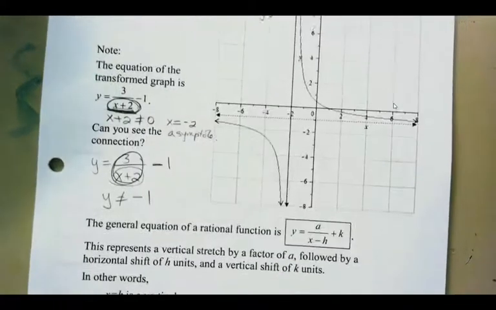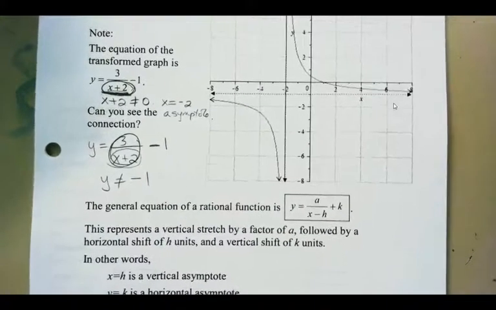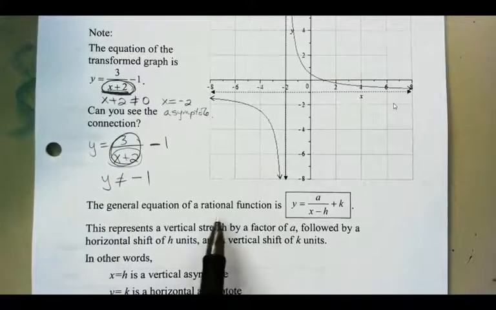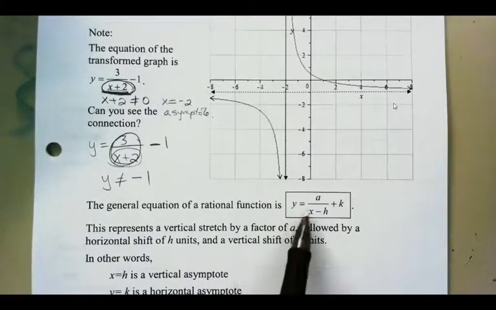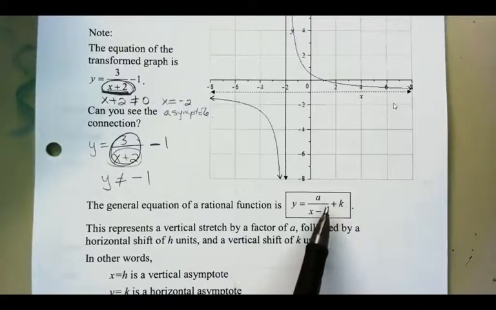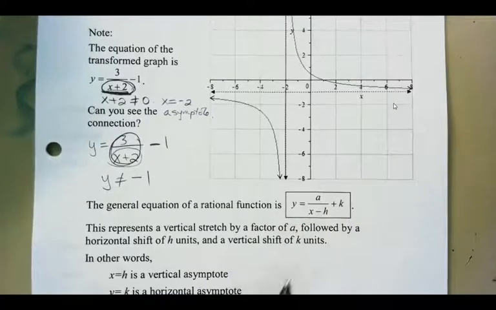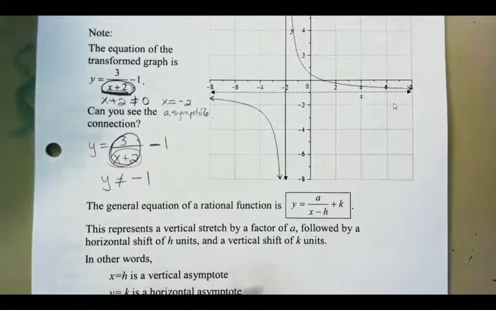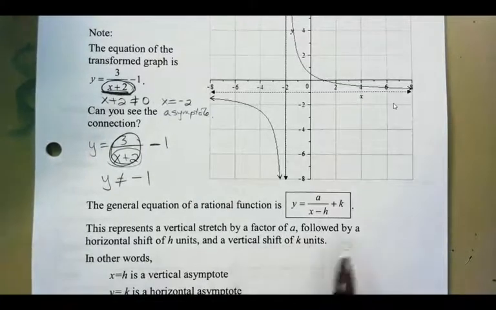All right, so the general equation of the rational function is y equals a over x minus h plus k. So these are the same values that we were using before with our transformations. Now, the vertical stretch by a factor of a, which is followed by the horizontal shift of h units and the vertical shift of k units.